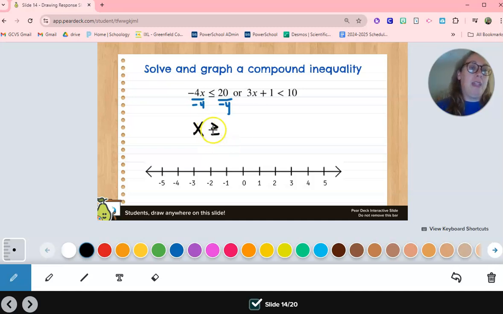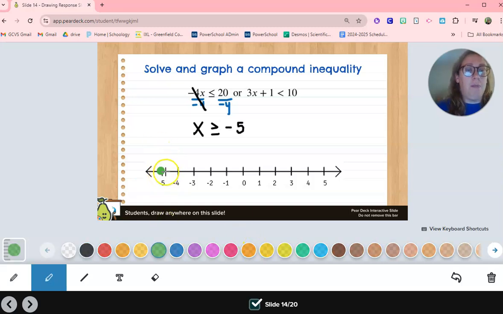So this becomes x is greater than or equal to 20 divided by negative 4, which is a negative 5. And that's one of our graphs. We're going to put negative 5, and it's going to be a closed circle, and we're going all the way to the right. All the numbers greater than negative 5.